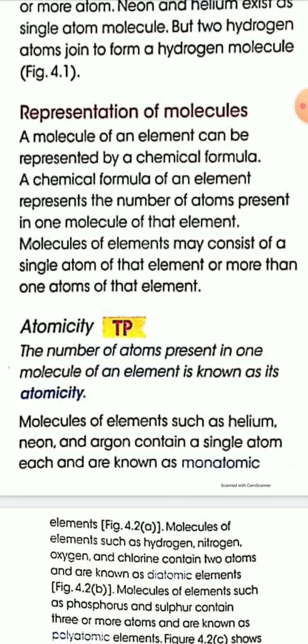For example, CO2, carbon dioxide. The chemical formula of carbon dioxide is CO2, which consists of one carbon atom and two oxygen atoms. Molecules of elements may consist of a single atom of that element or more than one atom of that element.